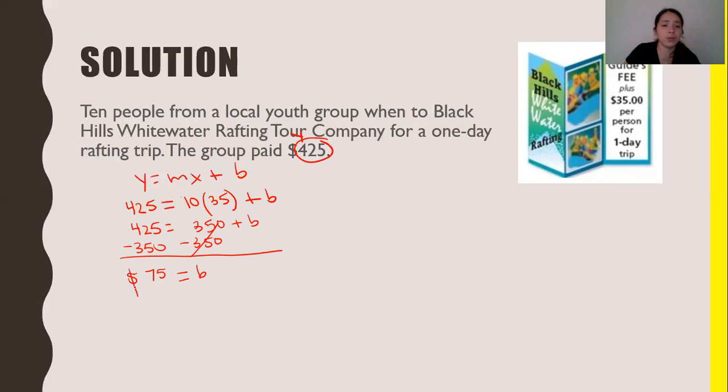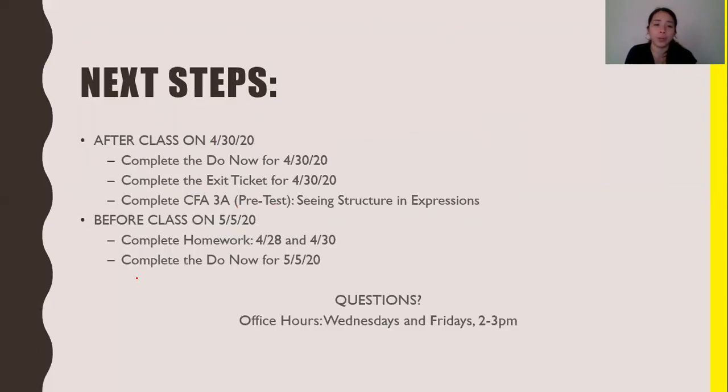So the guide's fee, automatically they would charge $75. Another question we can ask is, well, how about if 15 people go, how much would that cost? So there's different questions that can come from this word problem.